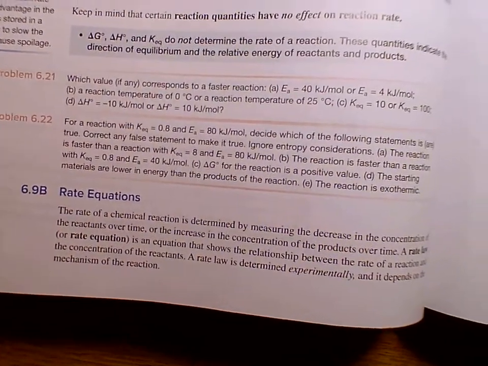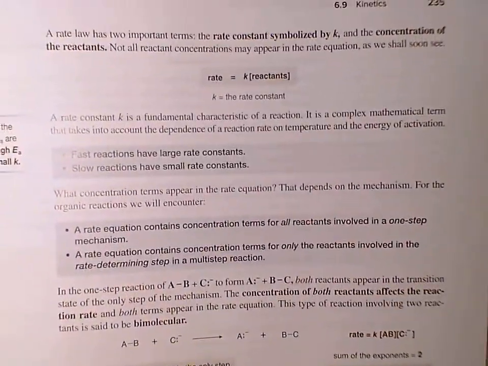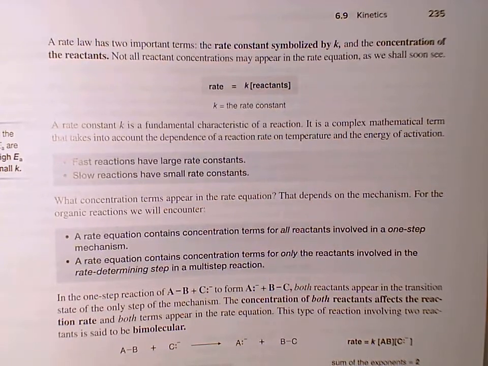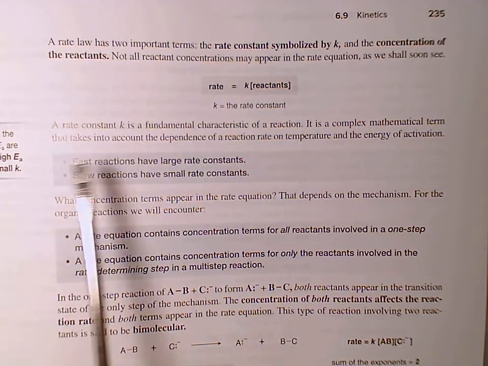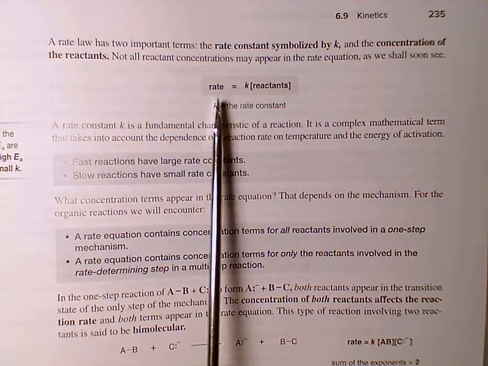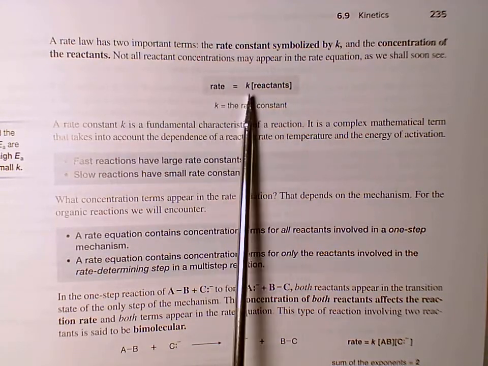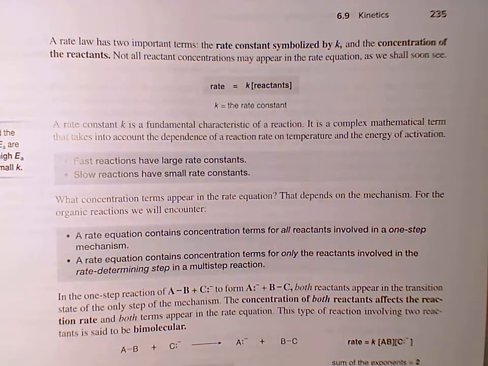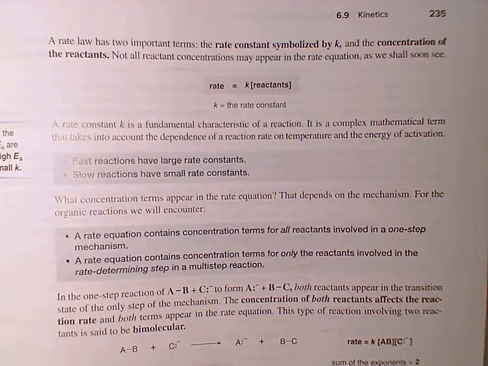And recall we have the various rate equations. What we're really going to be looking at is the rate law. Chapter 7 will be dealing with rate laws again. Chapter 8, rate laws. The rate law for a reaction is rate equals k, the rate constant, times the concentration of reactants. Okay, remember all of that from Gen Chem 2.